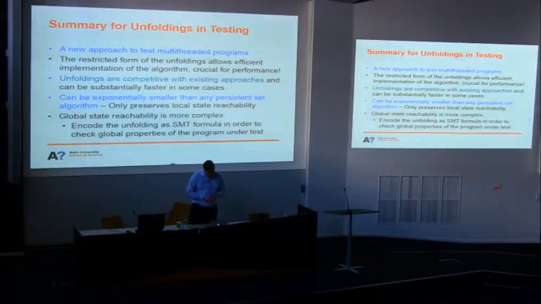It can generate exponentially smaller test suites than persistent set algorithms. Global state reachability is more complex, so we use SMT solvers to actually check for global state reachability properties. Also, we have some specialized algorithms for things like deadlock checking that are backtrack searches on unfoldings.